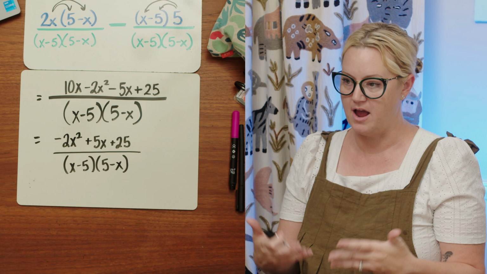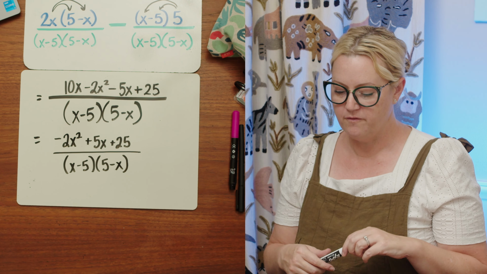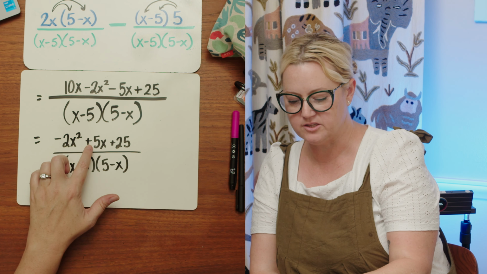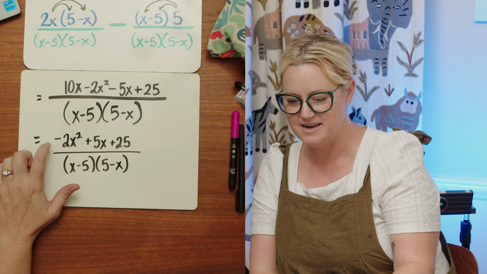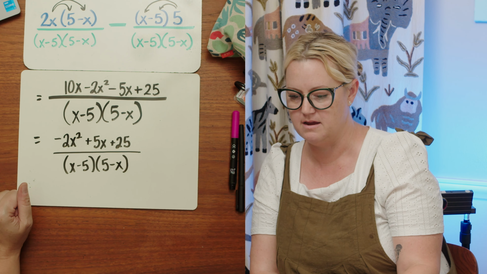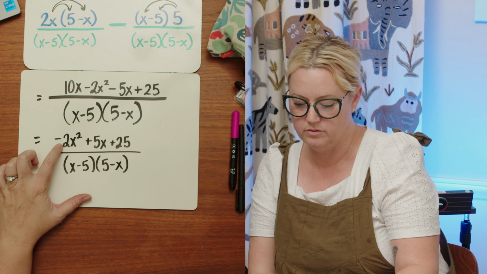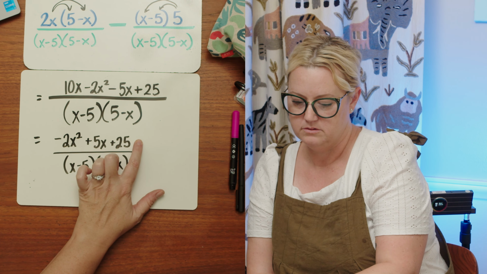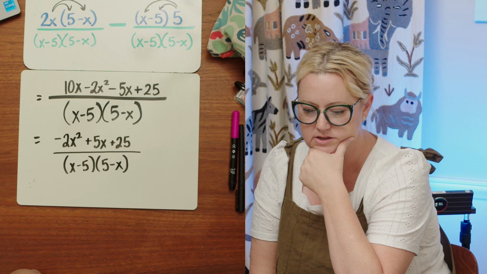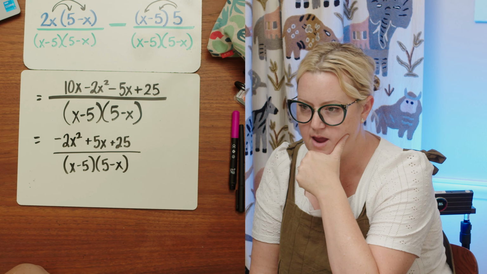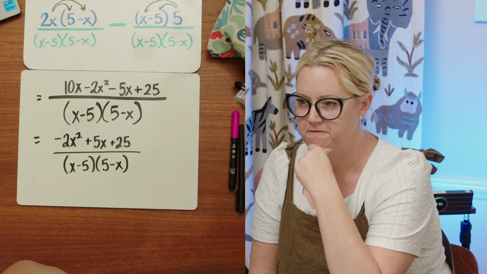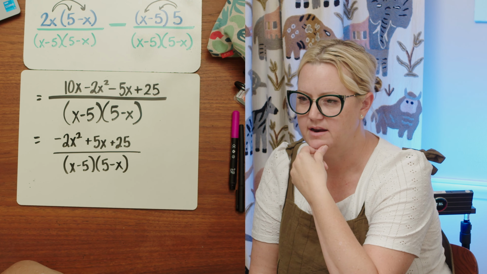We want to factor out as much as we can. So if we've got negative 2x squared plus 5x plus 25, this negative 2x squared is bugging me, but it is what it is. We should be able to factor it. That negative at the first is bothering me.